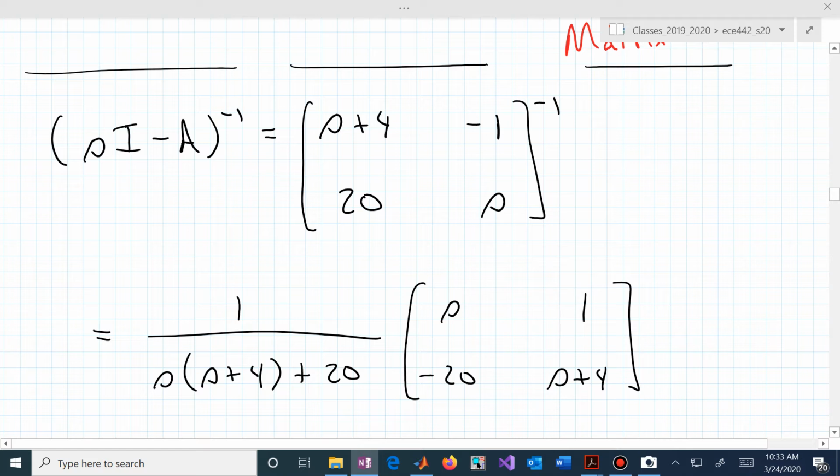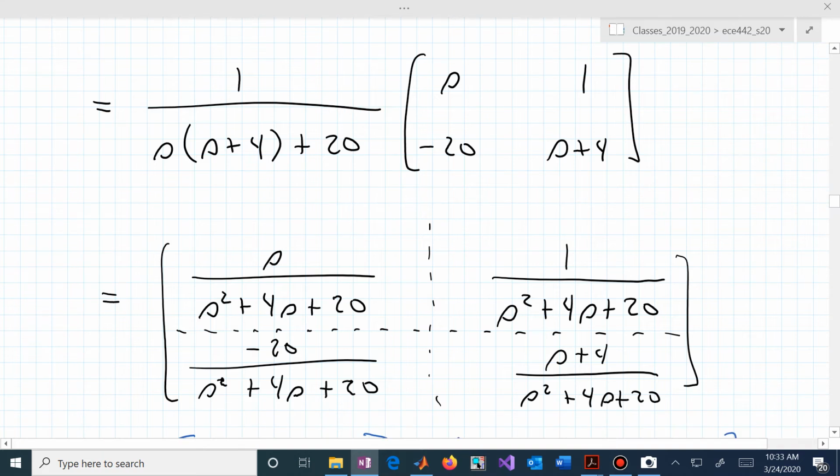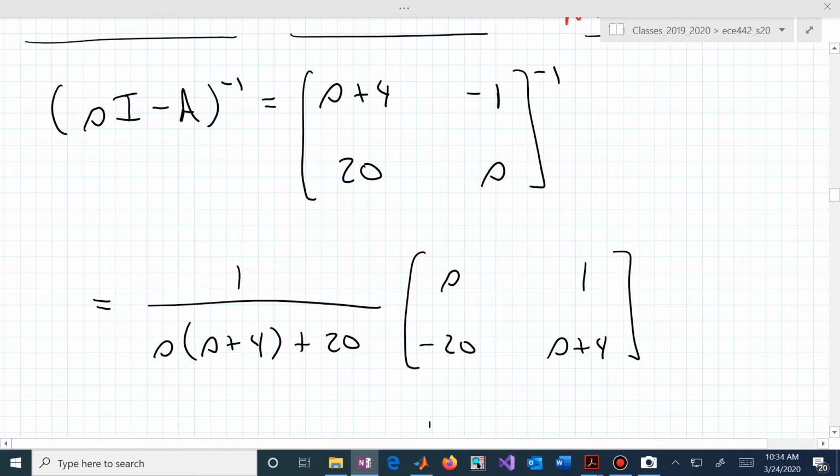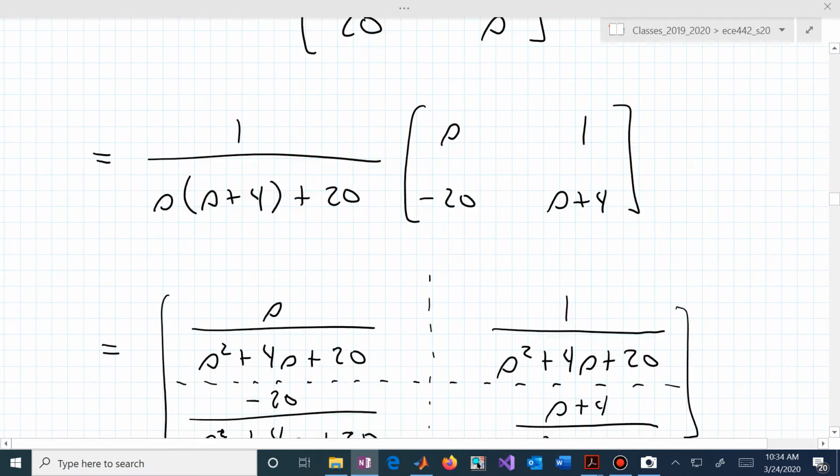And in a 2 by 2 case, we can simply interchange the diagonal entries and negate the signs of the off diagonal entries. We can push that scalar denominator into all 4 terms, and we now have this 2 by 2 matrix that is the sI minus A inverse matrix.